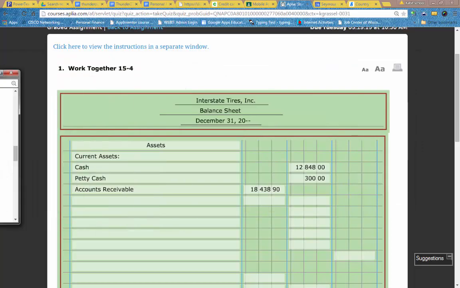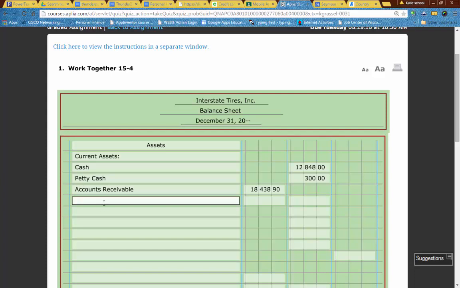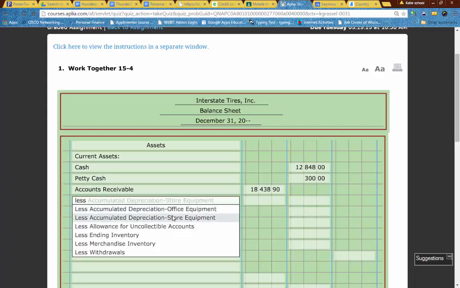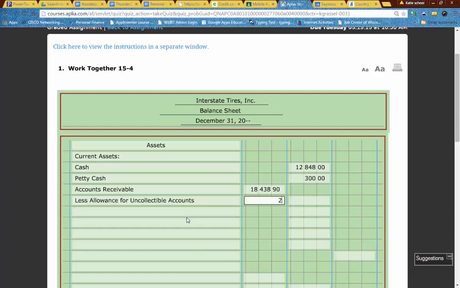So I need to subtract that from it. So below accounts receivable, I'm going to say less allowance for uncollectible accounts. Now, as a heads up, notice that I have two spots here for numbers, so guess what I'm going to do? Do you see that there's a number column here and a number there? So I'm going to subtract these two and put the total there.